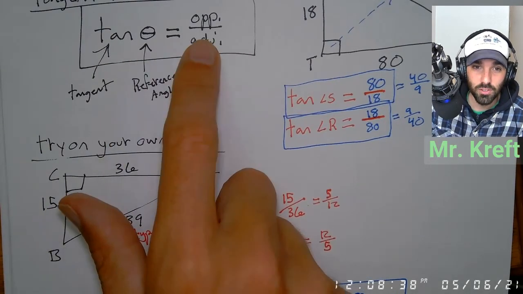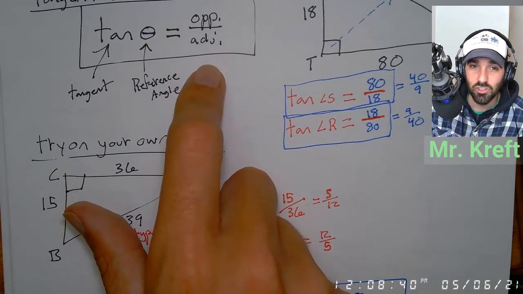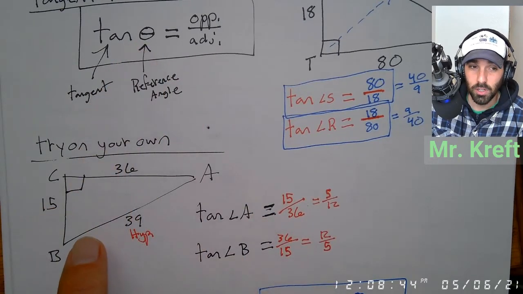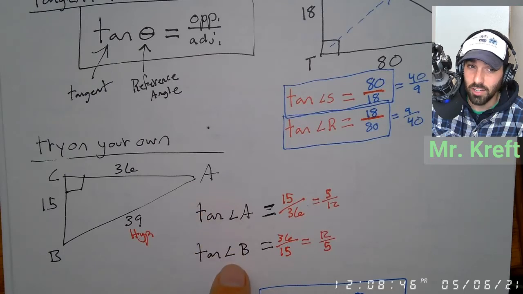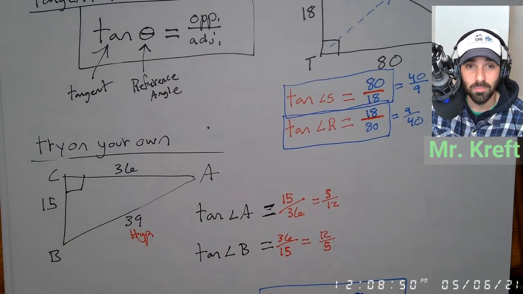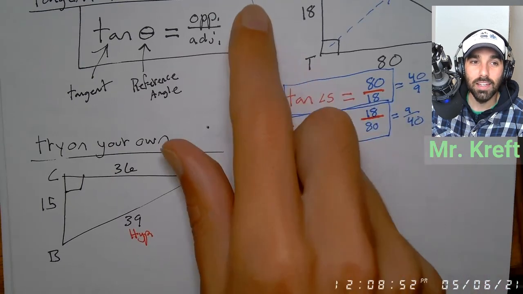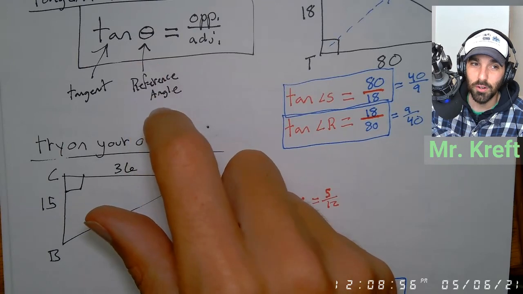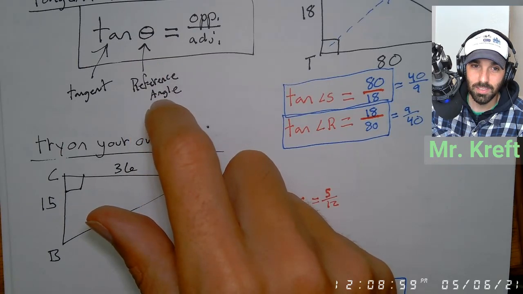So the tangent is the ratio of opposite and adjacent sides according to our reference angle. If we change our reference angle, the opposite and adjacent sides change. That's why it's the ratio of opposite to adjacent, but it depends on our reference angle.